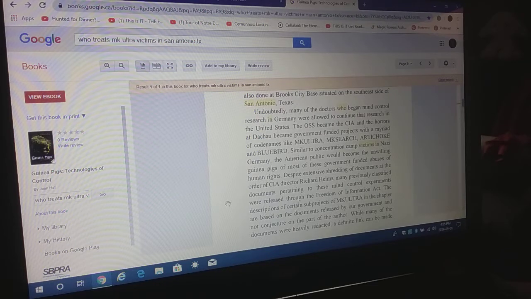Despite extensive shredding of documents at the order of the CIA Director Richard Helms, many previously classified documents pertaining to these mind control experiments were released through the Freedom of the Information Act. The description of certain subjects of MKUltra in the chapter are based on the documents released by the government.